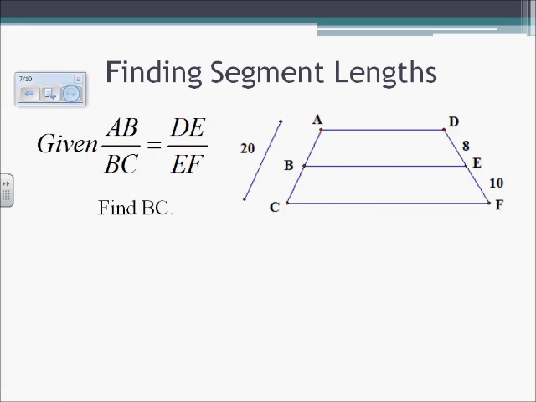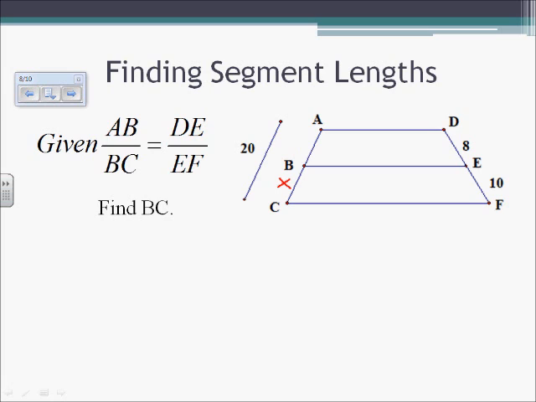Okay. Next example, AB over BC is equal to DE over EF. Find BC. So if I look at my figure here on the right, I have no markings for either AB or BC. I'm trying to find ultimately BC, so I'm going to make that value my variable x.